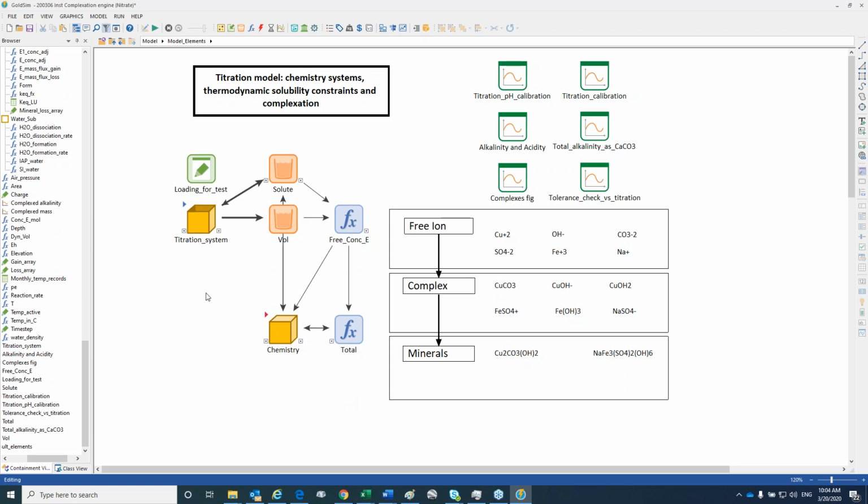So if your system, for example, is continuously loading mass, or continuously loading water, there's always going to be this dynamic effect going on. And the chemistry system can only update for the previous time step. That is one of the limitations, and that's why I said that you're always going to have about a 1 to 5% error, and that's real, and we're not ever going to be able to get rid of that.